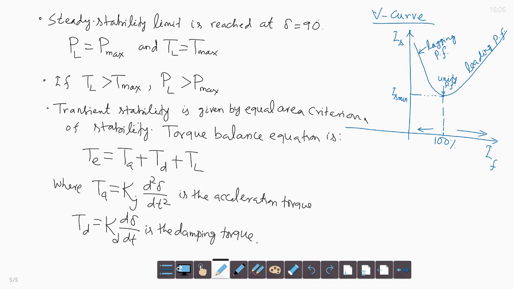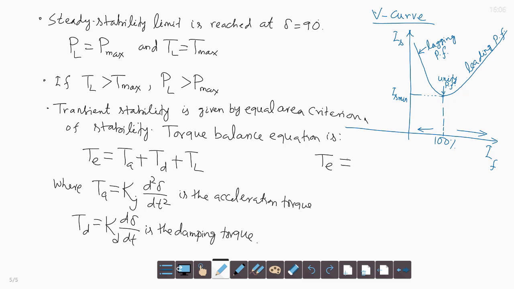And the electromagnetic torque T E is not the same as for machine operation during the transient condition. The electromagnetic torque developed is not given by that expression which you have derived previously.